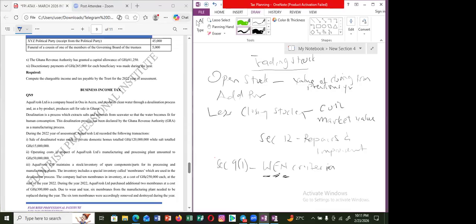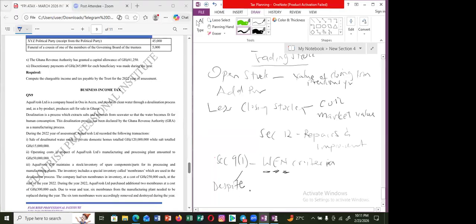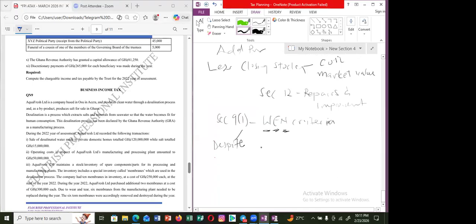But despite this, the amount of repairs and improvement that you can deduct shall not exceed 5% of the written down value of the pool at the end of the year.